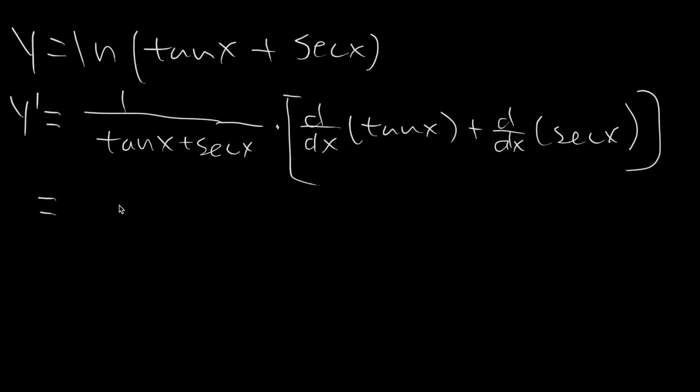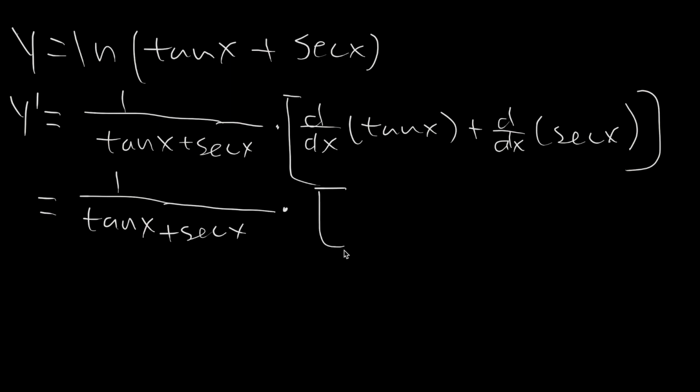So this is equal to 1 over tangent x plus secant x times the derivative of tangent x, which is secant squared x, and the derivative of secant x, which is secant x times tangent x.